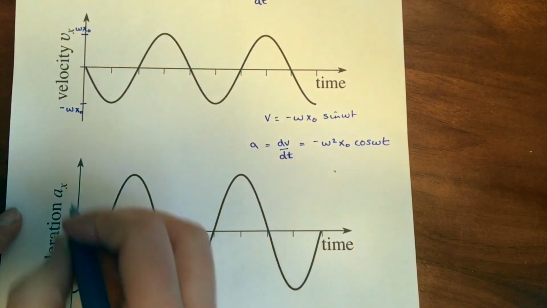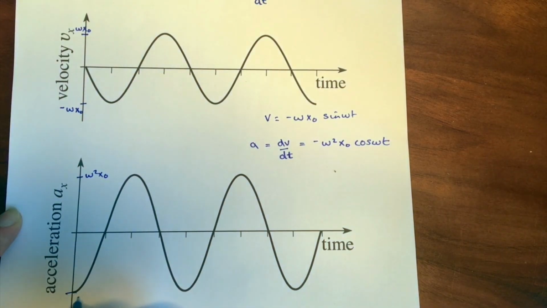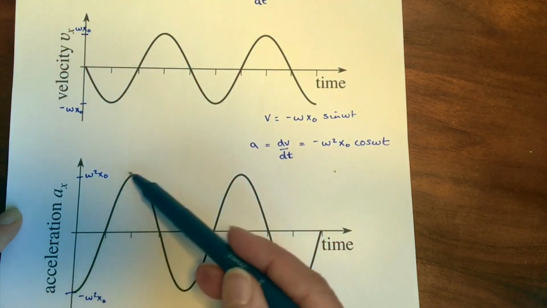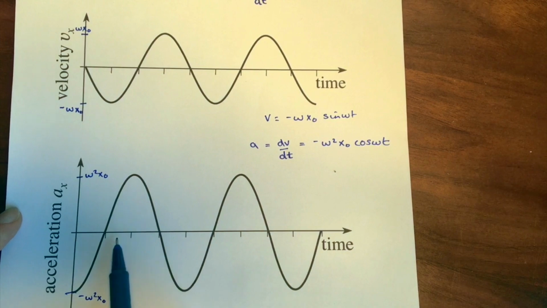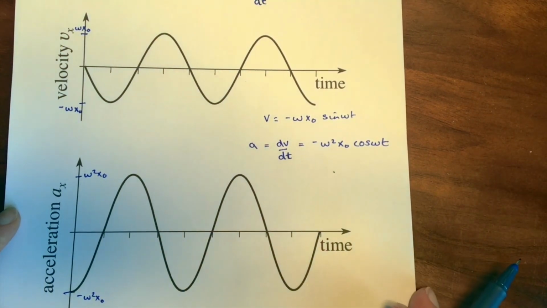And if we go to the graph, we'll now say that these parts here are omega squared x naught and minus omega squared x naught. So again, you can visually see that the amplitude of these oscillations have increased, but the passage of time, 1, 2, 3, 4, remains the same. So omega remains the same.